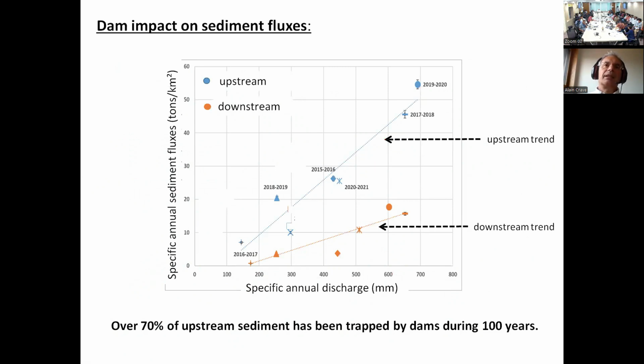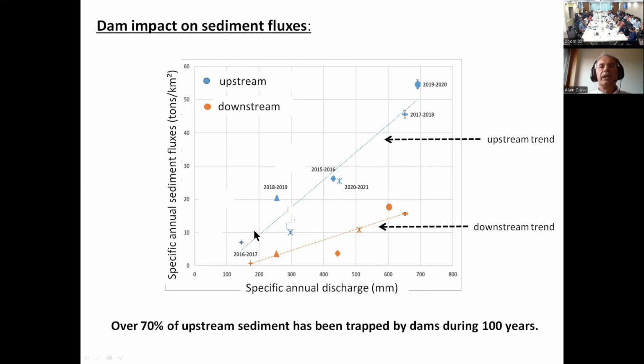Here is a figure that shows you quite important results. In blue you have the value of the specific annual sediment fluxes, meaning that we make the balance of the sediment fluxes for each year and divide by the drainage area of the watershed.